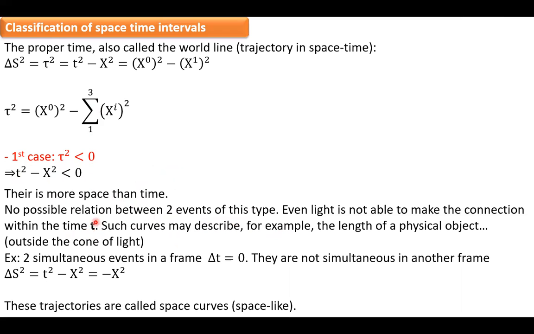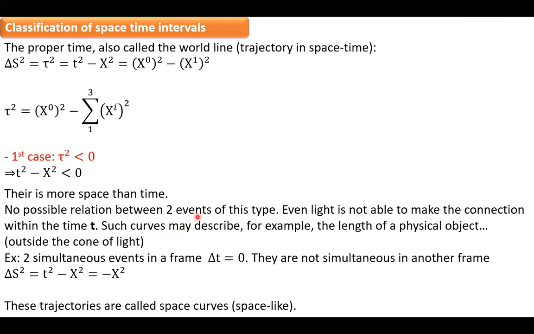So if you have a time t, your time t is not enough even for light to go from point A to point B. We use such curves to describe a length or dimensions of objects, etc. These curves are outside of the cone of light. So you have your cone of light.